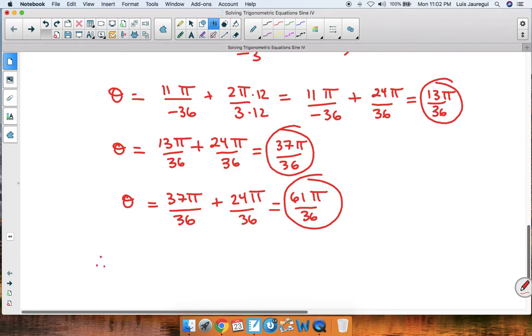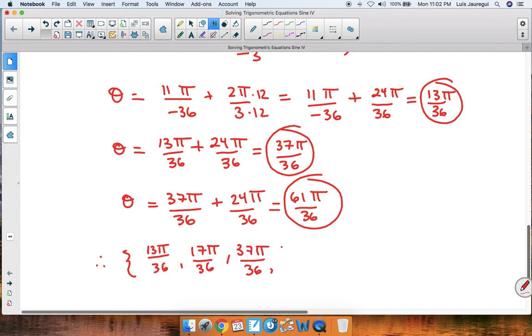So one can conclude, therefore, that the solutions for this particular problem are as follows. We had 13 pi over 36. We also had 17 pi over 36. We had 37 pi over 36.